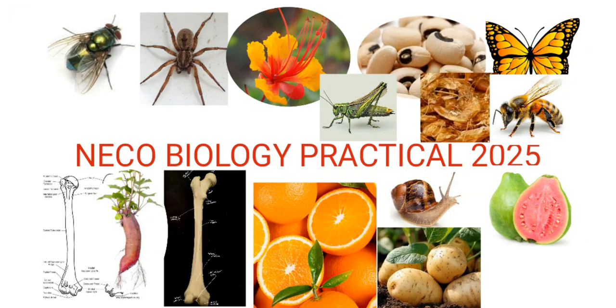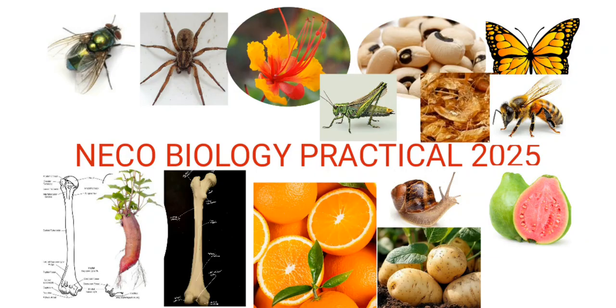The Arachnida has two body divisions called prosoma and opisthosoma. Then wings. There is presence of wings in the Insecta. There is absence of wings in Crustacea, that's a crayfish, and the Arachnida, that is a spider.